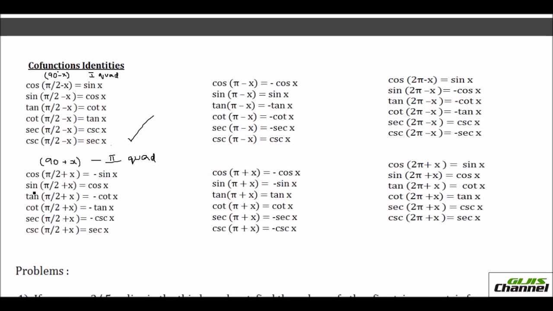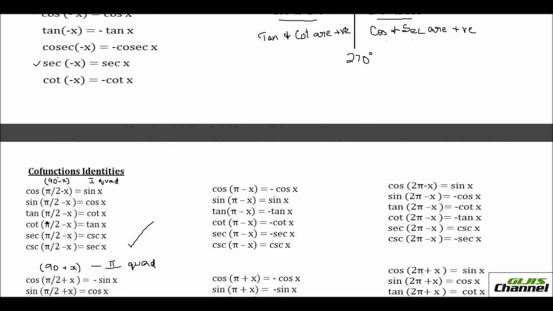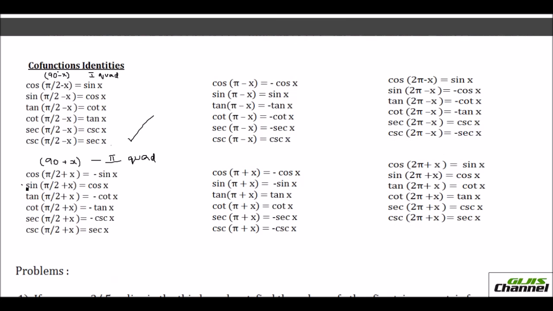Sine to cos and cos to sine, tan to cot and cot to tan, secant to cosecant and cosecant to secant. Now that you have done all that, you can write the sign now. So it is in the second quadrant. So in the second quadrant you see that only sine and cosecant are positive. The rest you can make negative. Understood? Is that clear?